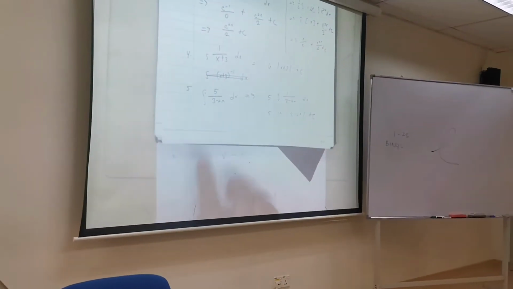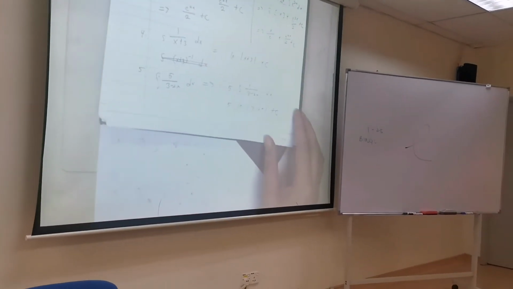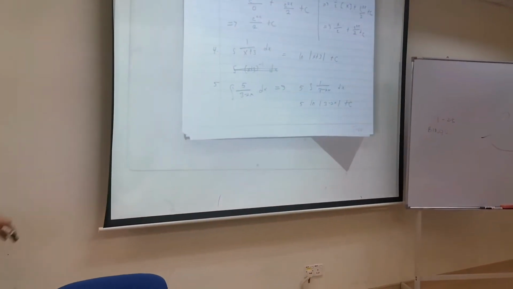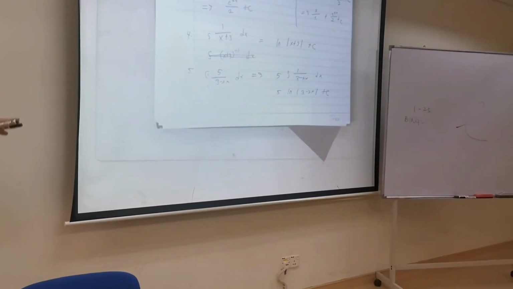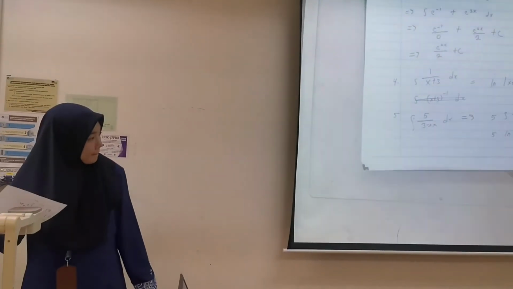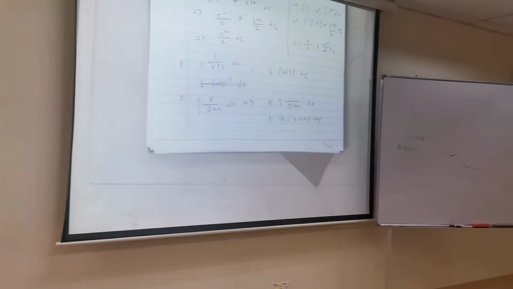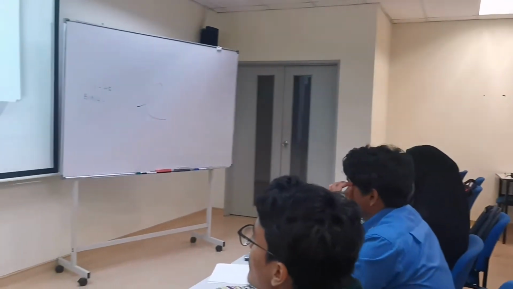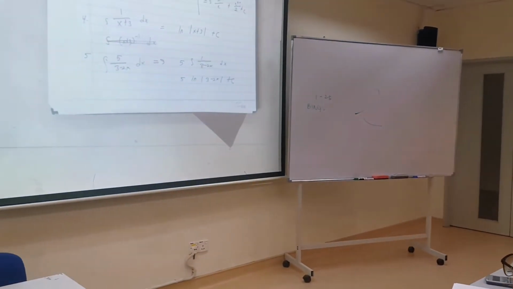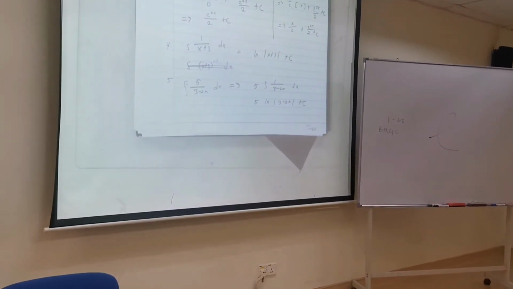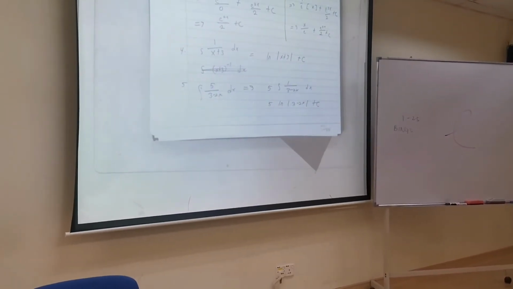So here, can you see that? Five, so messy. I'm so sorry. When 5, we take it out as a constant, and 1 over 3 minus 2x will be as we learned before. Do you understand?